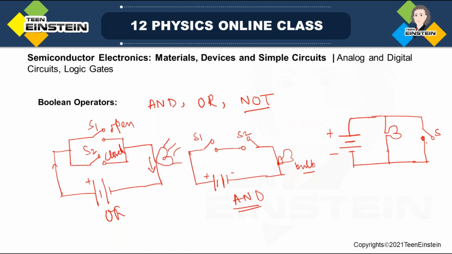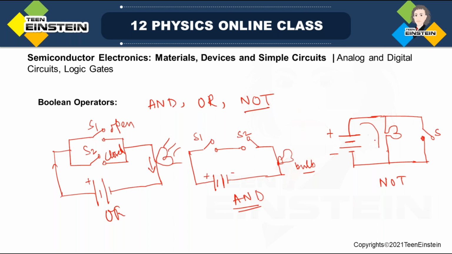If the switch is closed, then this bulb has certain resistance, right? At least greater than this path. Current will always try to pass through the lowest possible resistive path, right? So the bulb has greater resistance than this path.